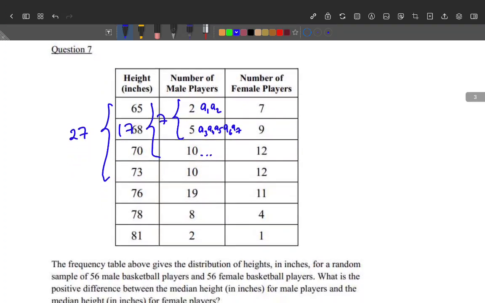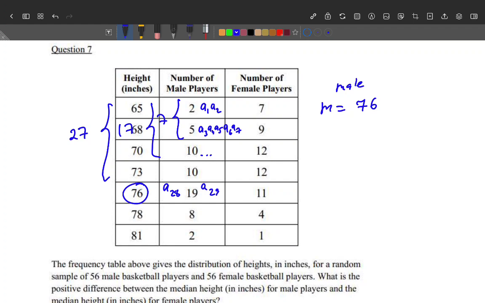Okay, if until there 27, then our A28 and A29 are situated here. Because of this, median also will be this number, 76, for male players.